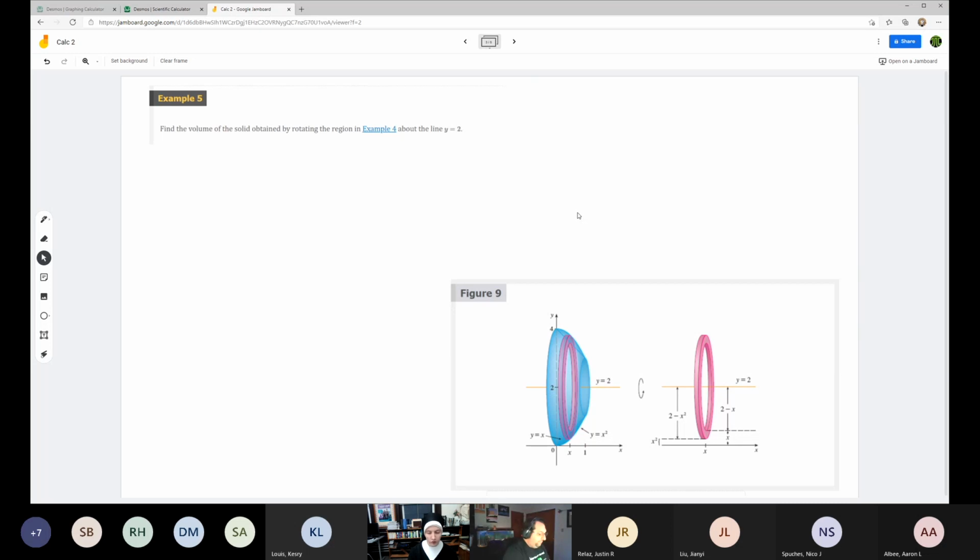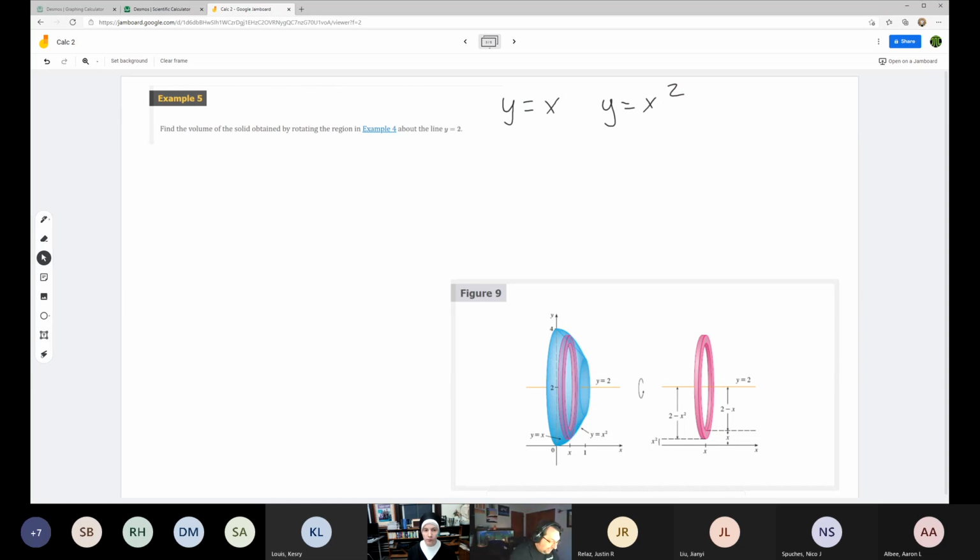We're actually going to use the exact same curves. We're still doing y equals x and y equals x squared.